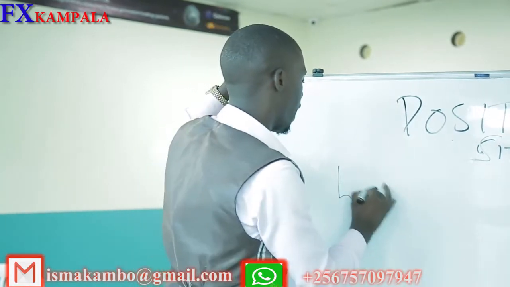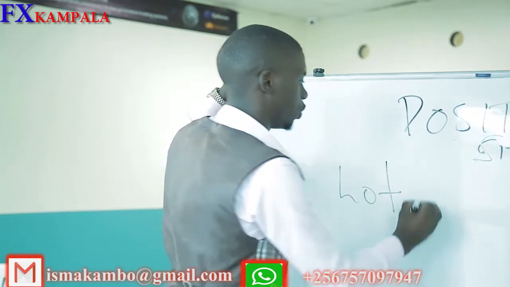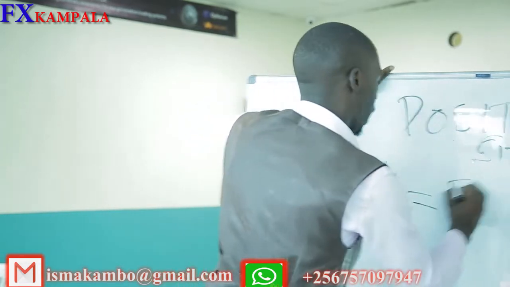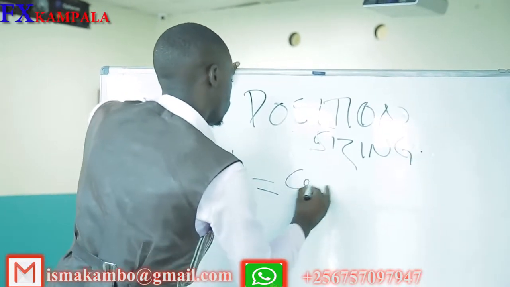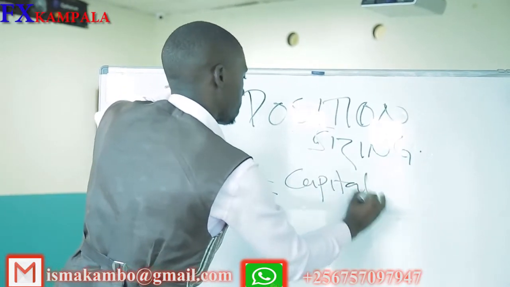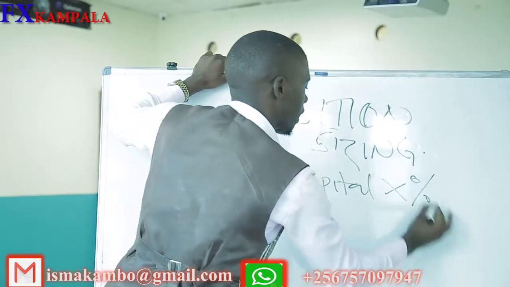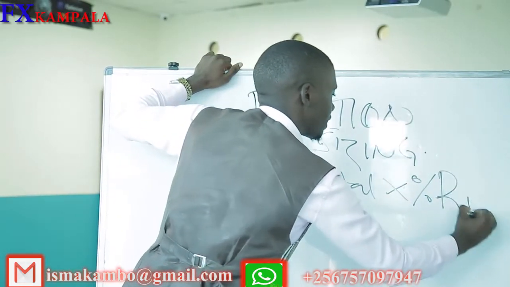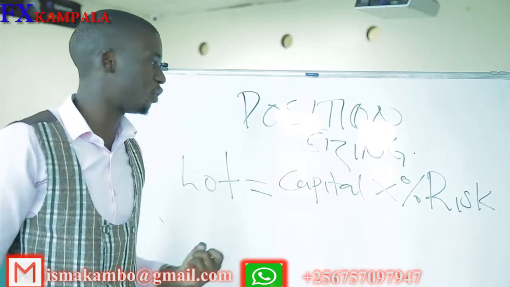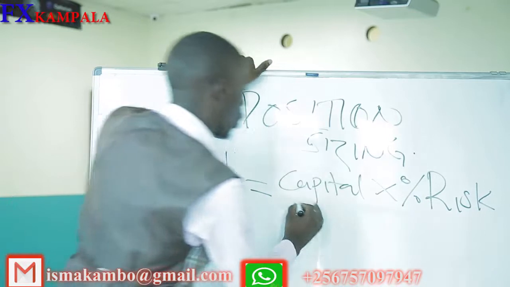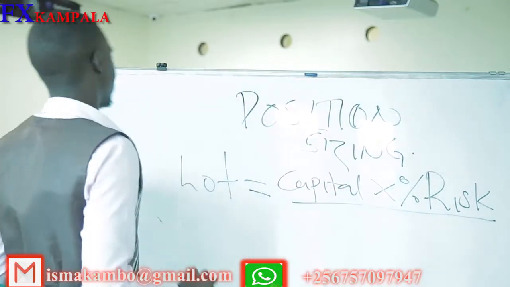So I came up with an equation that states that we look first at equity or capital, I can call this capital, times the percentage risk. This is which percentage I am risking out of my portfolio for this particular trade that I'm going in for, whose lot size I'm calculating.